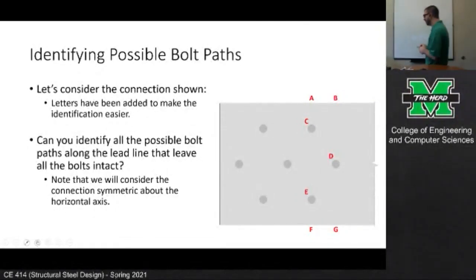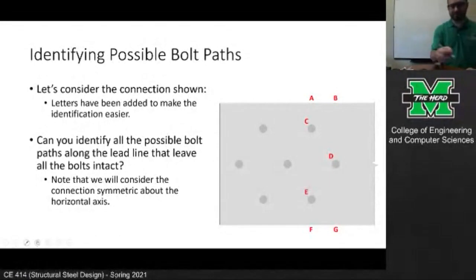One of the issues that doesn't happen with a grid-like pattern but happens with staggered patterns is that when you're trying to compute net area, there are multiple possible ways that the member could fail. Multiple possible paths. Let me give you an example.